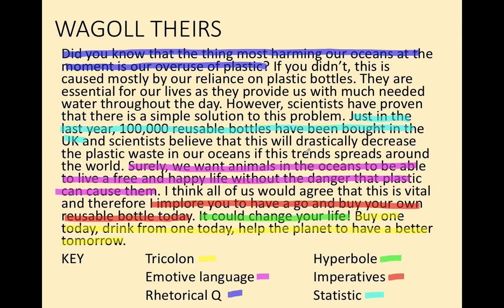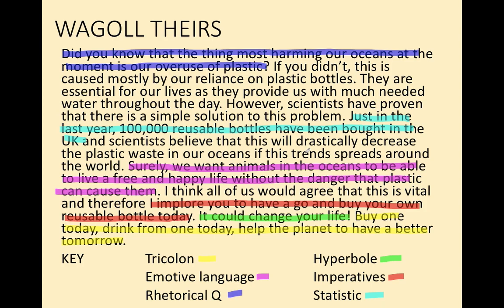Well done if you spotted some cohesive devices as well. There were plenty of connectives in there, like if and however. There were also lots of pronouns, like I and this and they and it. There were lots of repeated keywords as well. Plastic bottles, bottle, reusable bottle was used quite a lot.